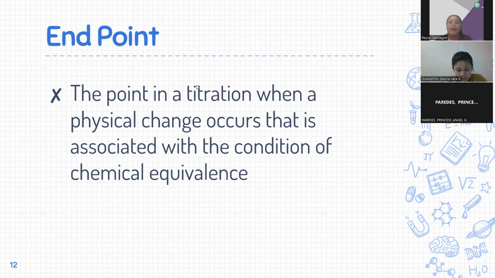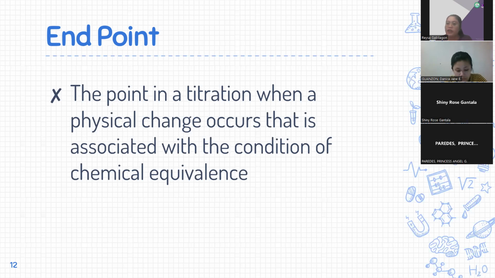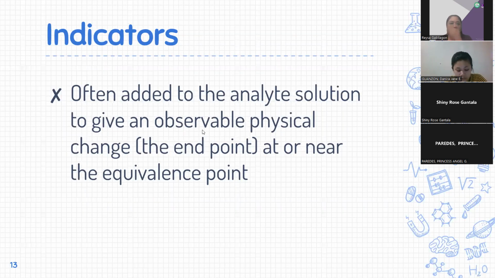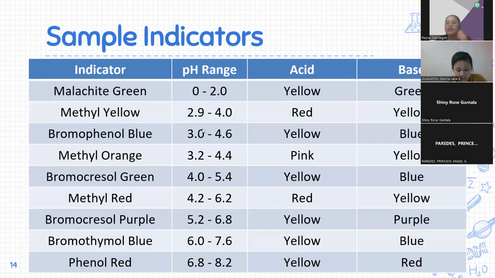Okay. And then the endpoint is the one that we see during the actual experiment. This is where there is a change in color in our solution through the addition of our test solution, our indicator. There is a physical change in color. So again, our indicators, here are our examples, our acid and base indicators where they are going to change in color depending on the environment.